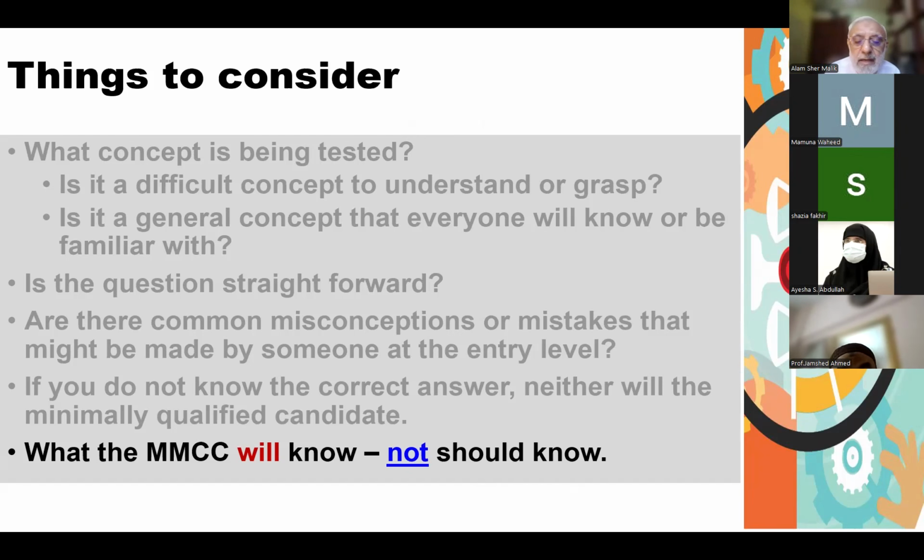It should not sound like they should be able to answer. It's not a question of should. Yes, of course, everybody should be able to answer that question, but whether that minimally competent candidate will be able to answer or not, the question should be in that form, not in the should form.